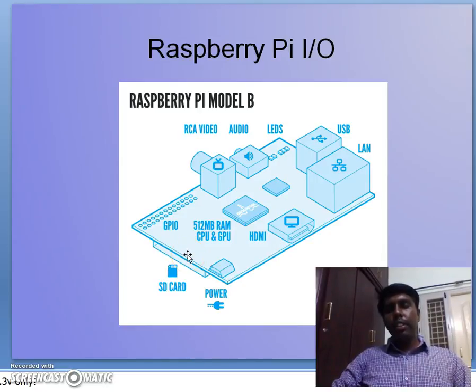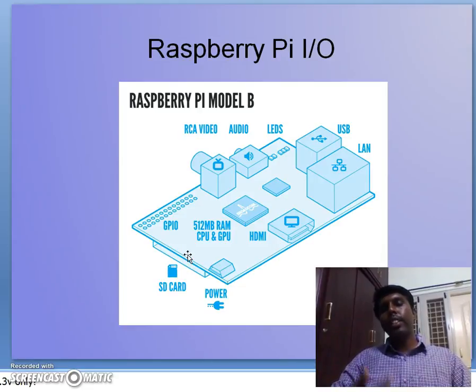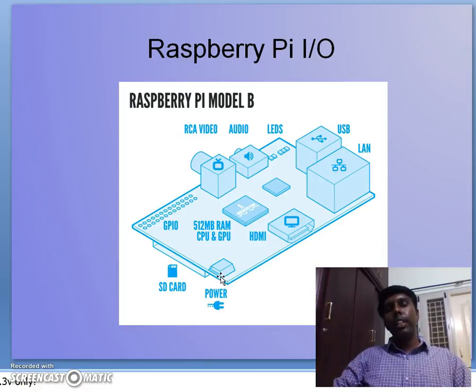You just install an operating system on it and boot from that card itself, so that acts as the operating system. And for power, you have a 5 volt power adapter, which can be any adapter you purchase from the market, the electronic shops.